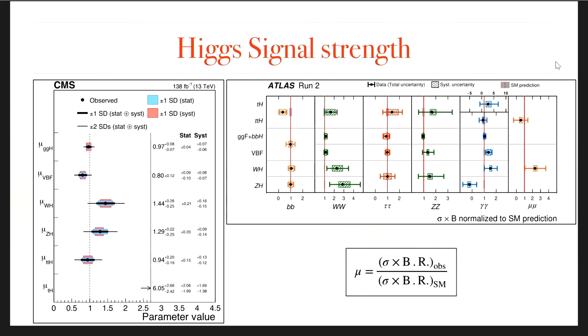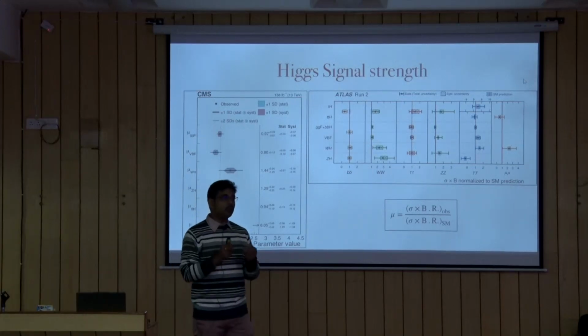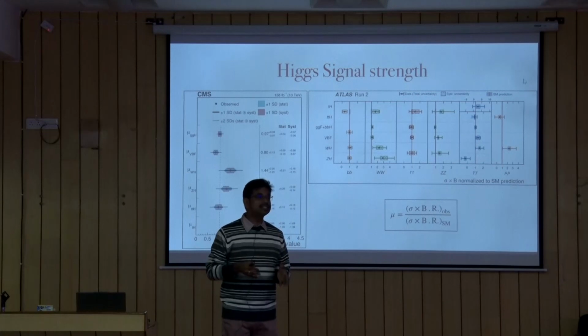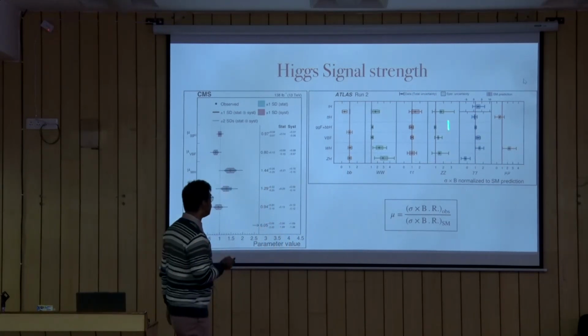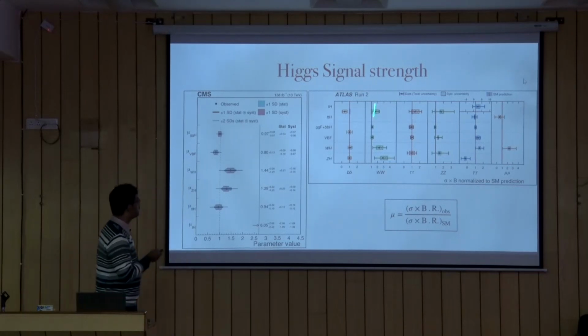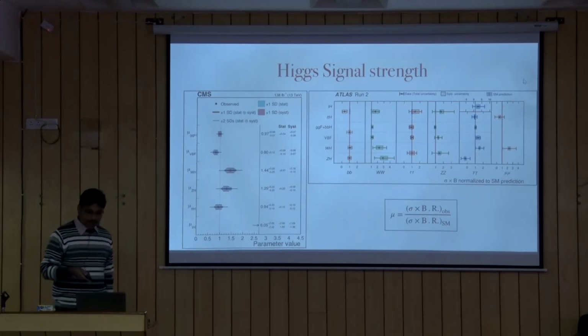So this gives you an opportunity to probe the possibility of new physics entering into the Higgs searches in some way for those cases which deviate from the standard model observation.